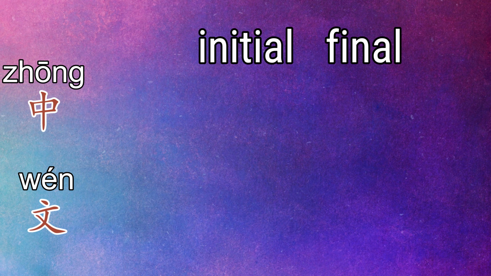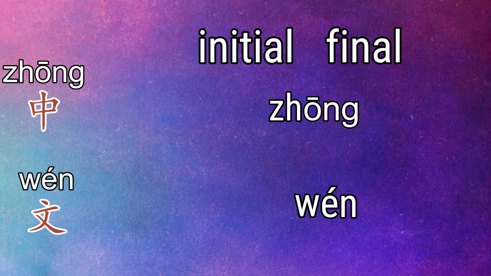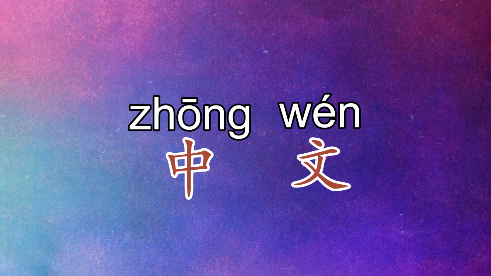Like 中, it consists of the initial zh and the final ong combined to form the syllable zhong, and 文 with initial w and final en combined to form the syllable wen. So zh ong zhong, w en wen, zhongwen.